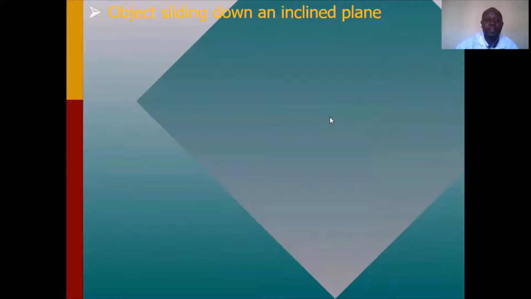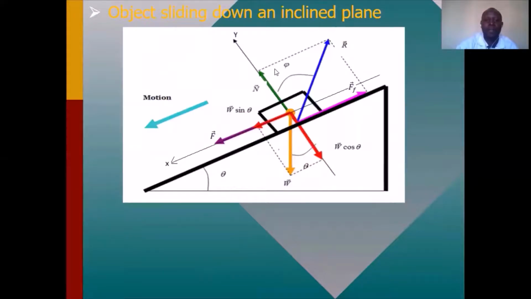For the case of the object sliding down an inclined plane, the weight sine theta is no longer opposing motion force, but is supporting motion force.